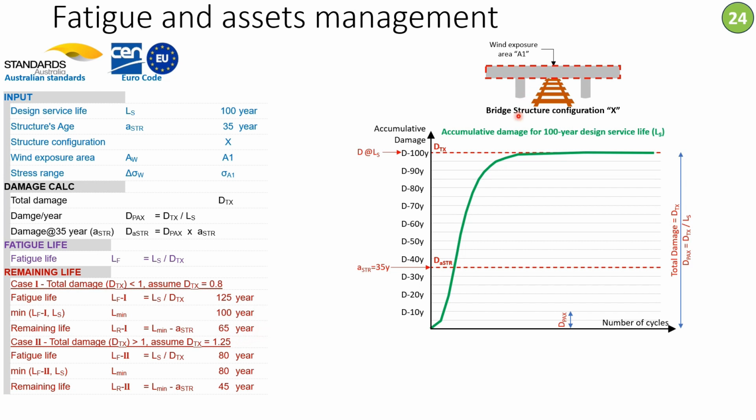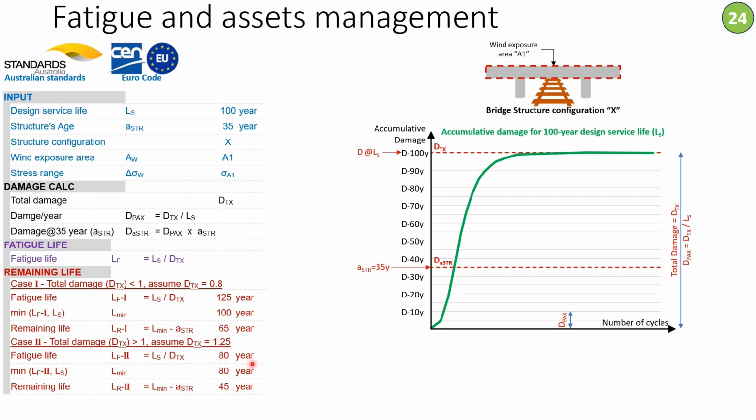So this bridge should be all right and functional, and there is no potential fatigue failure for another 65 years. If your total accumulative damage is more than 1, let's say 1.25, in that case the fatigue life equals the design service life, 100 years, divided by the total accumulative damage, 1.25. That gives you 80 years.